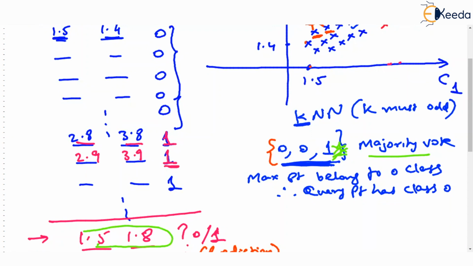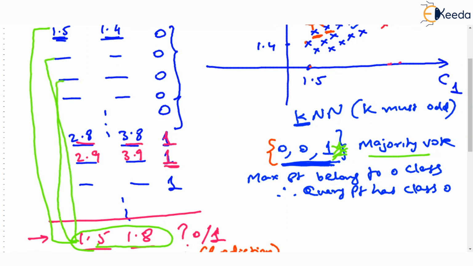You find the distance of this point from the first point using the Euclidean distance formula. Then you find the distance of this point from the second point, from the third point, from all the points. And then you find k nearest points. So the basis of KNN is finding the distance of an unseen point from the given points.